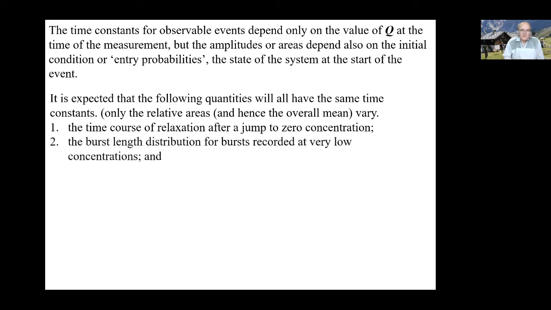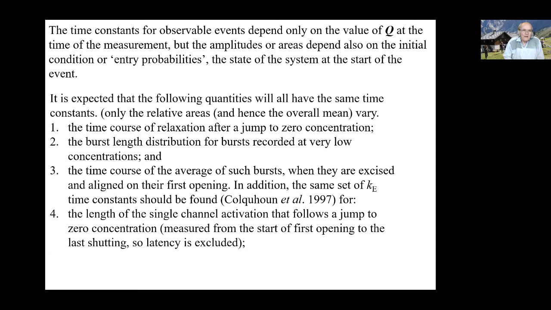The burst length distribution for bursts recorded at very low agonist concentrations. And the time course of the average of such bursts or activations when they're excised and aligned on their first opening.